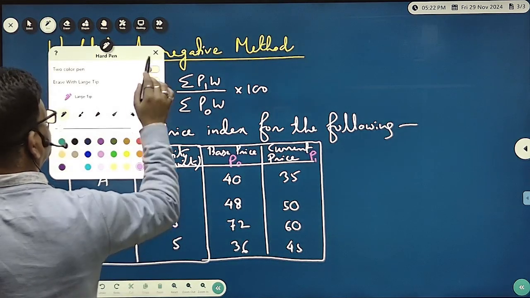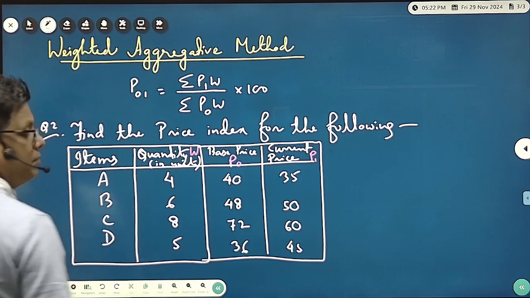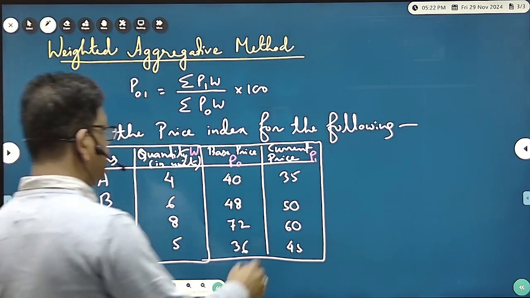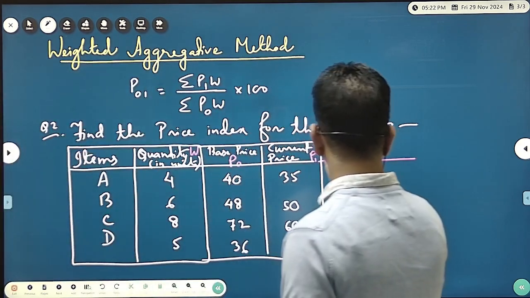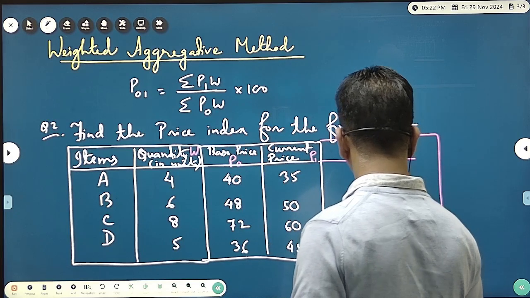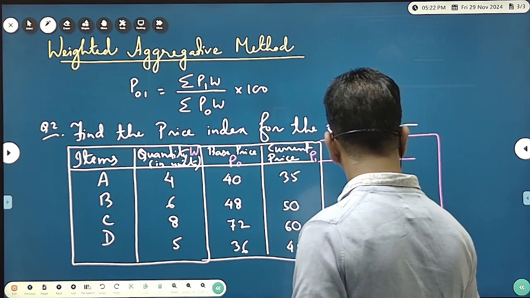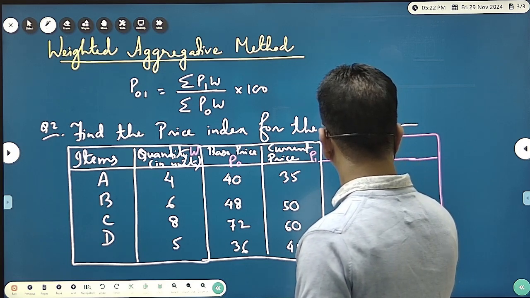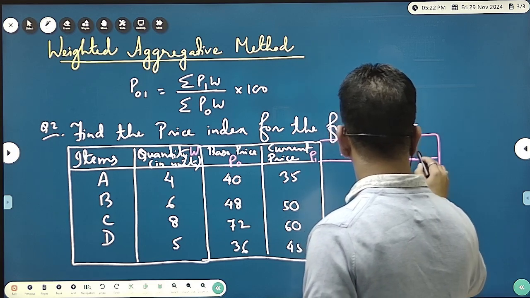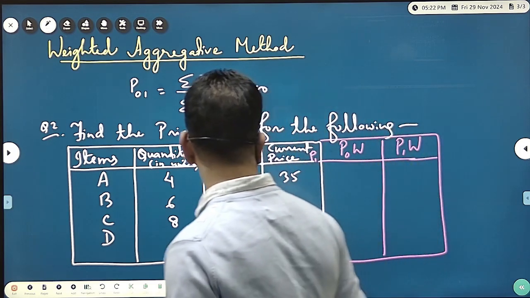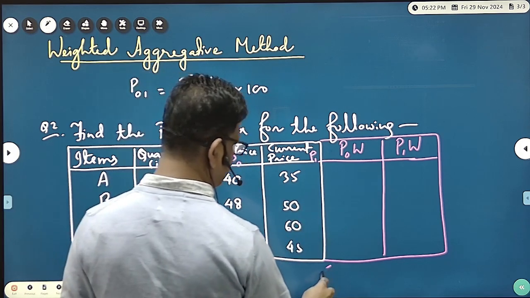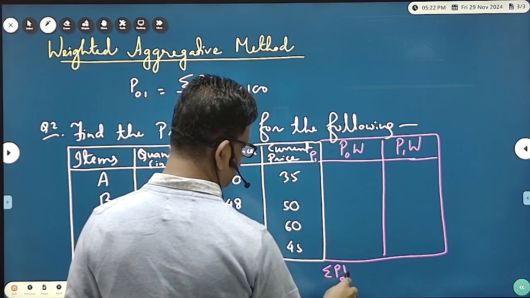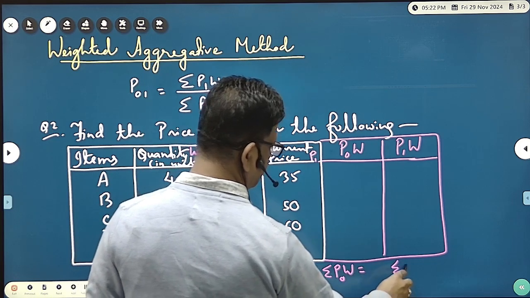So this P1 is to be multiplied with this W. Here 2 columns are to be added: P naught W and P1 W. Then we need the summation of P naught W and the summation of P1 W.